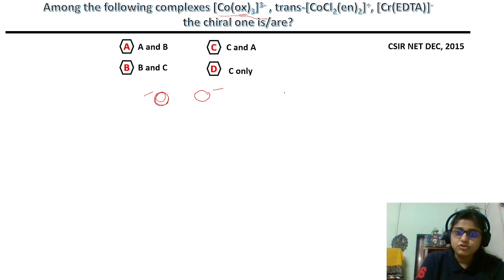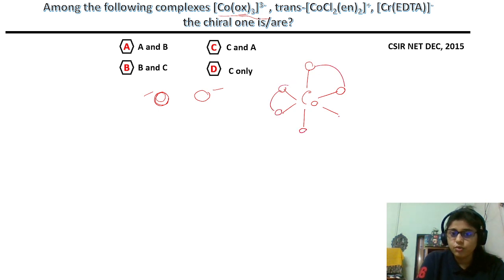Okay, so oxalate, O, O, this, O, O, this, O, O, this. Okay, but other atoms are also there. Let's not talk about that. And here trans 2-en, ethylene diamine.